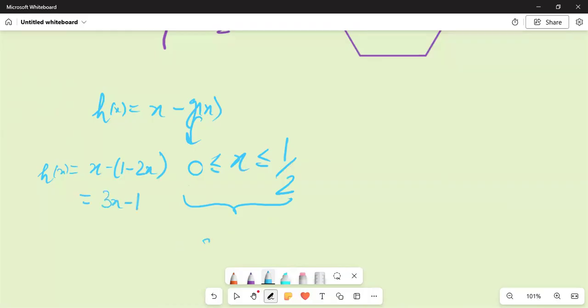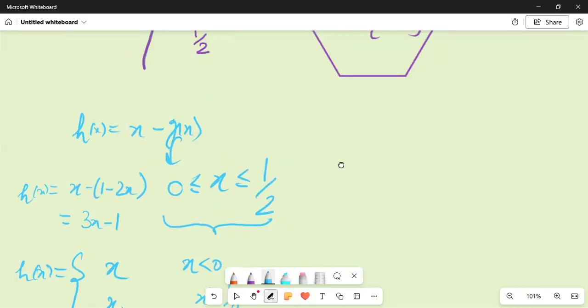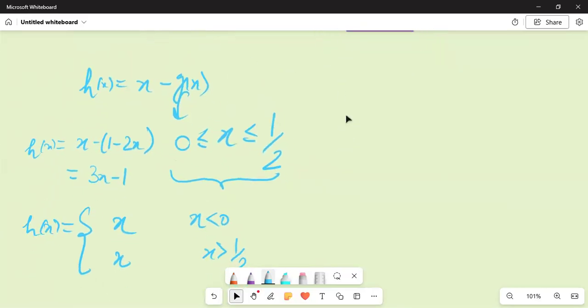But if x is less than 0 or x is greater than half, then g is 0. So in that case, hx is just a linear function x, because x minus 0 is x.